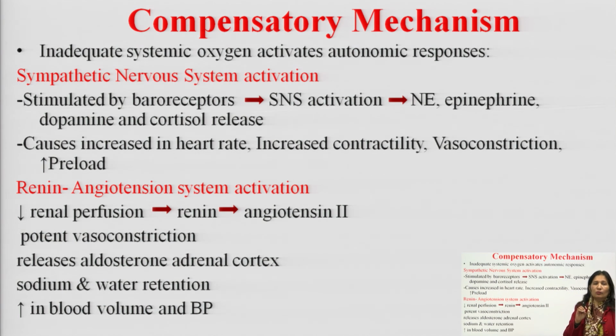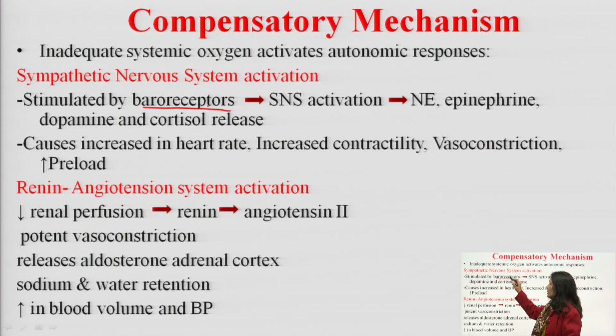Decrease in the cardiac output, decrease in the blood volume and blood pressure will be sensed by baroreceptors, and this baroreceptor stimulation will further activate the sympathetic nervous system, and sympathetic nervous system activation will lead to release of norepinephrine, epinephrine, dopamine and cortisol.